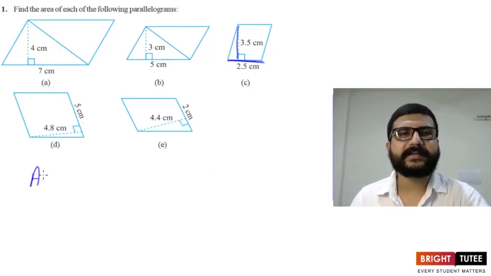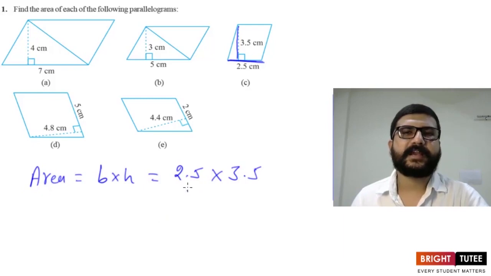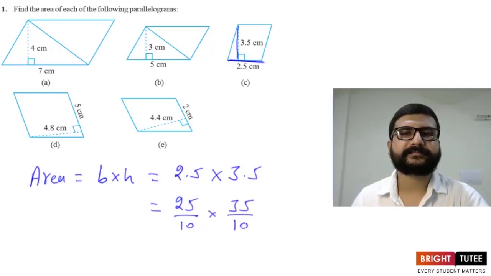So what will we get? Area is equal to base into height, which is equal to 2.5 into 3.5. Now what is 2.5 into 3.5? Can we calculate this? Yes, we can. We can remove the decimal and write it as 25 upon 10 into 35 upon 10.